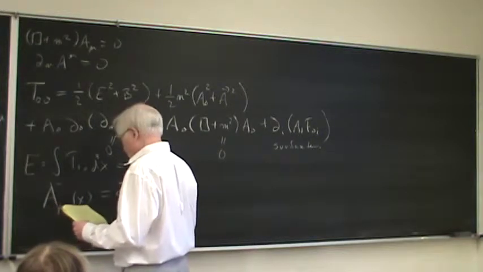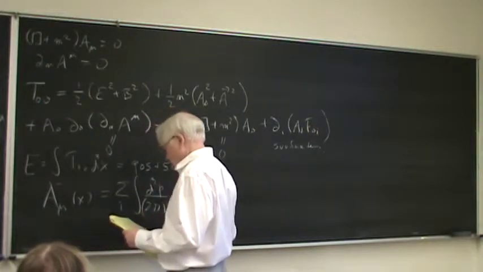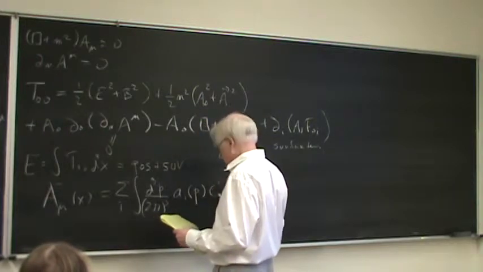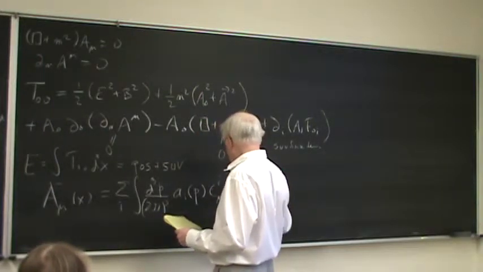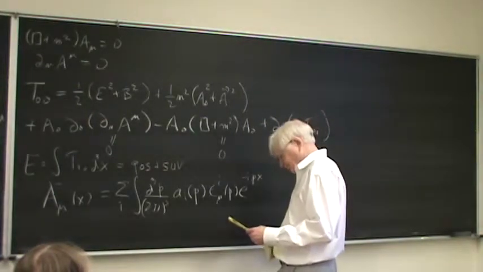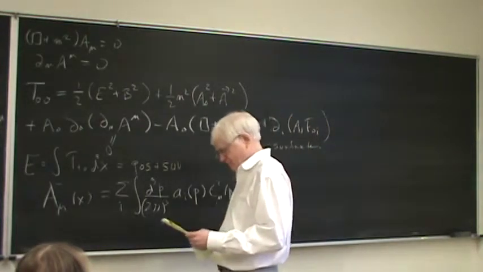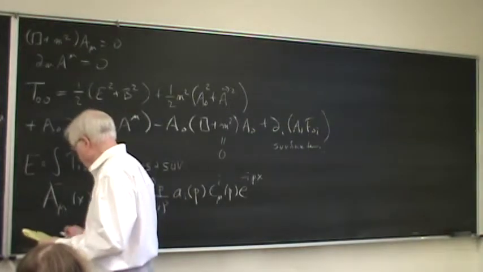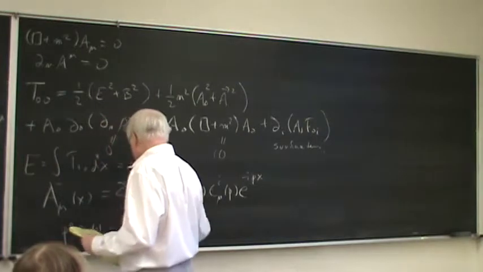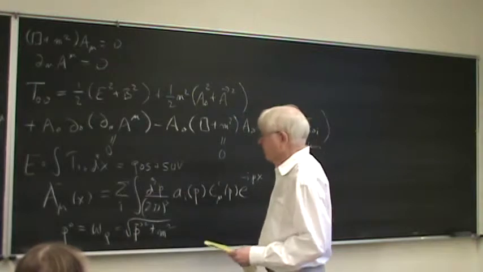This then is a sum over i, integral d cubed p over (2 pi) cubed, then some annihilation operator a_i(p), epsilon_i mu of p, e to the minus i p x. He has a plus here, I don't know why he did that, but anyway. P0, of course, is what we call omega_p, and that's the square root of p vector squared plus m squared.